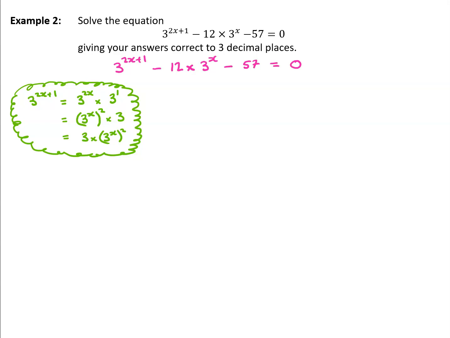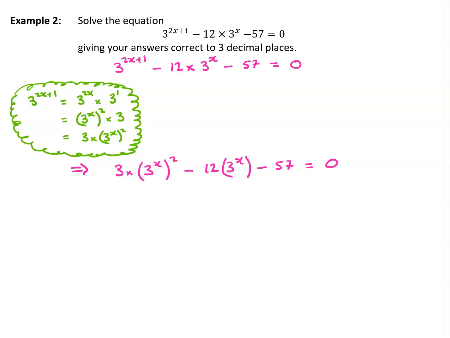So 3^(2x+1) is the same as 3 lots of (3^x)². My equation can be written as 3 × (3^x)² − 12 × 3^x − 57 = 0.